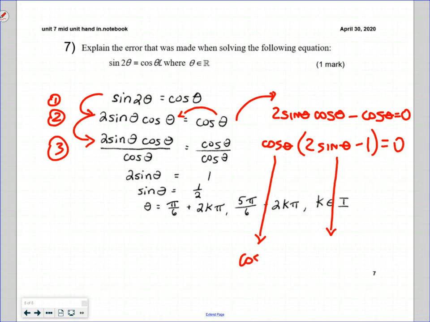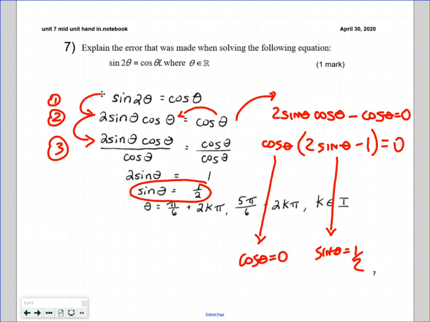Cos theta equal to 0 makes the left-hand side equal to 0. And also sine theta equal to a half makes the left-hand side equal to 0. Notice that student X here only found the one root. Because they divided before they factored, they lost a root.